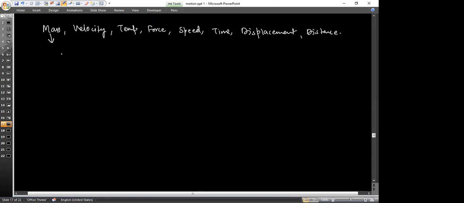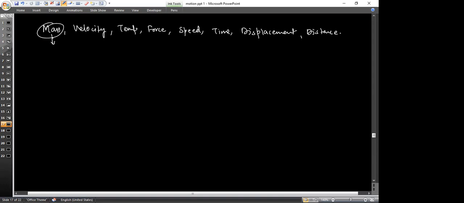Mass is simple, it is an intrinsic property of every matter. How heavy an object is, is told by the mass. So mass is an intrinsic property of matter.